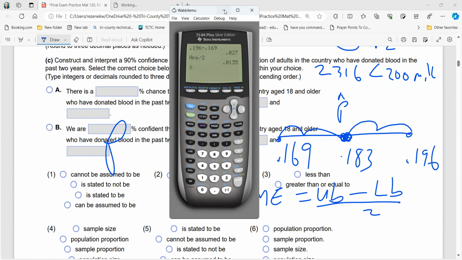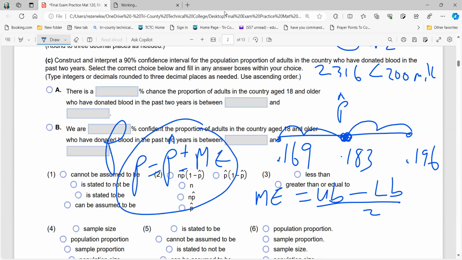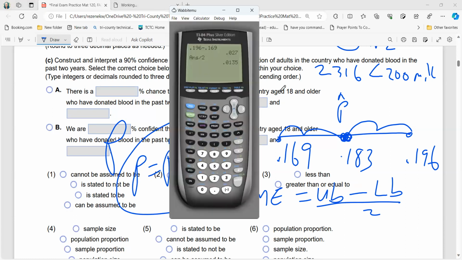So the margin of error, this is another way you can write your proportion. So the population proportion is equal to the sample proportion, which is the p hat, plus or minus the margin of error. And we already know that the margin of error is 0.014.